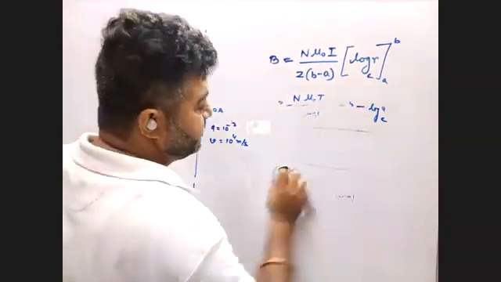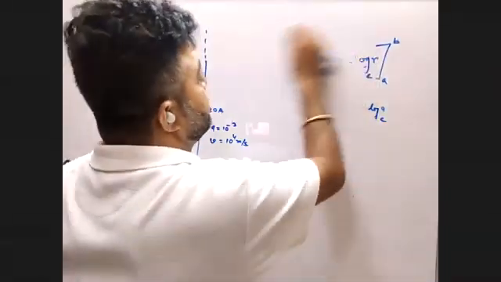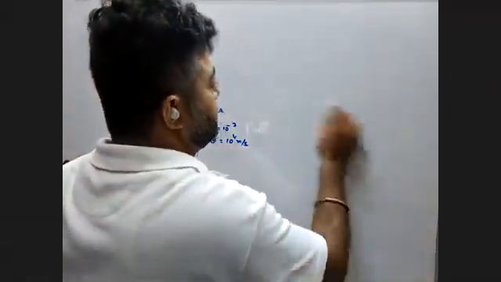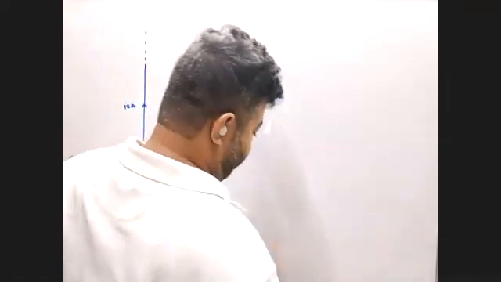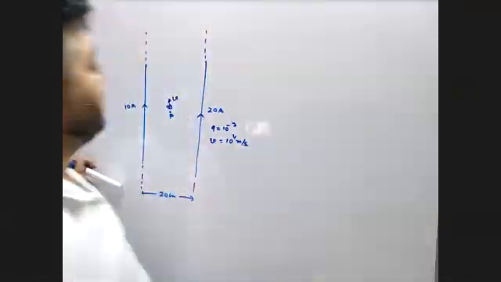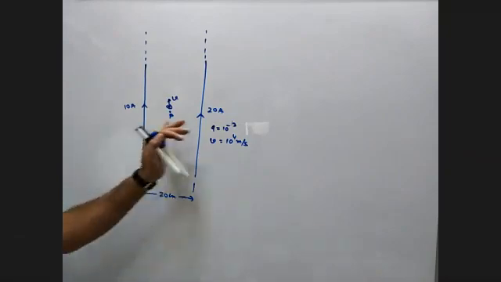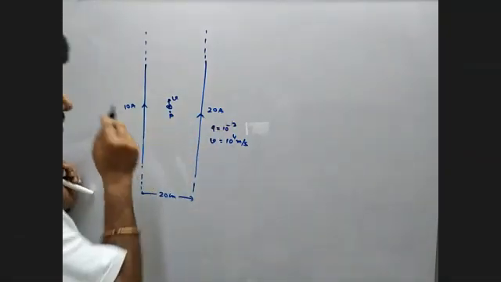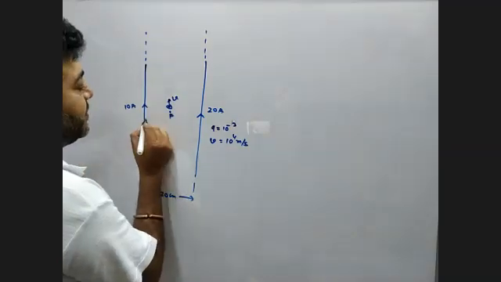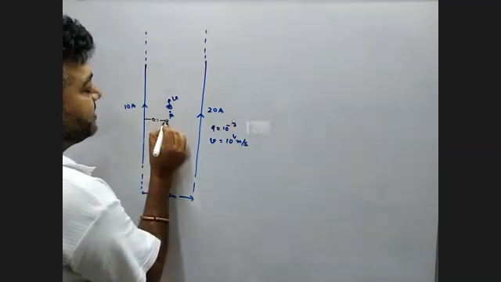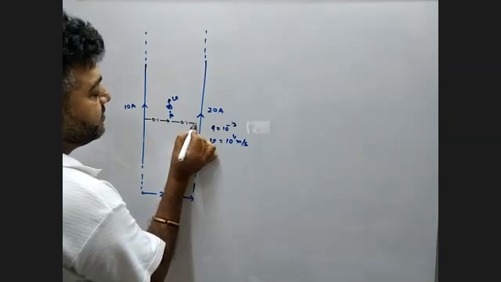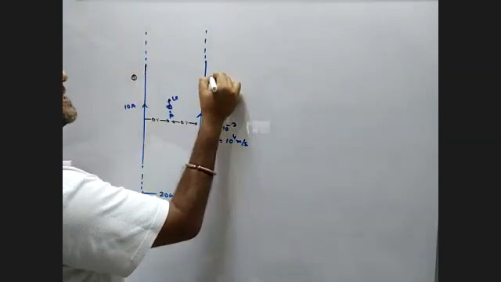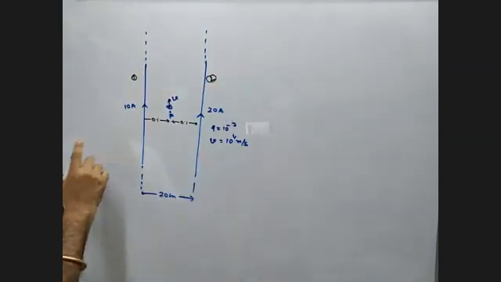Last time we tried to equalize this and make the net position zero, but now as it is the middle, that distance is 0.1 meter, and that is also 0.1 meter. Let this be magnetic field 1, this magnetic field 2.